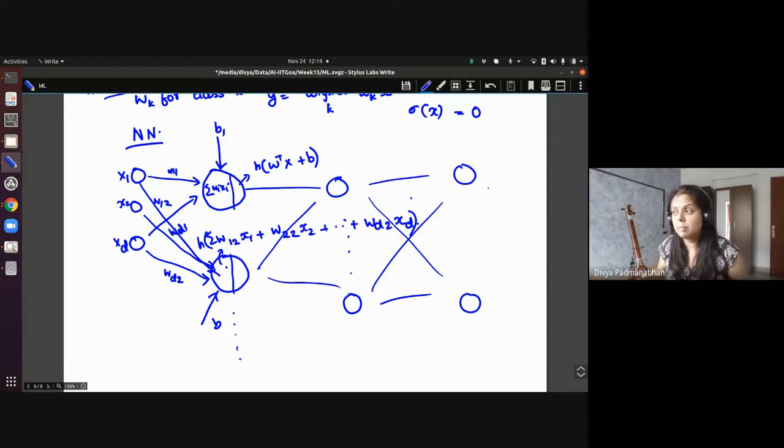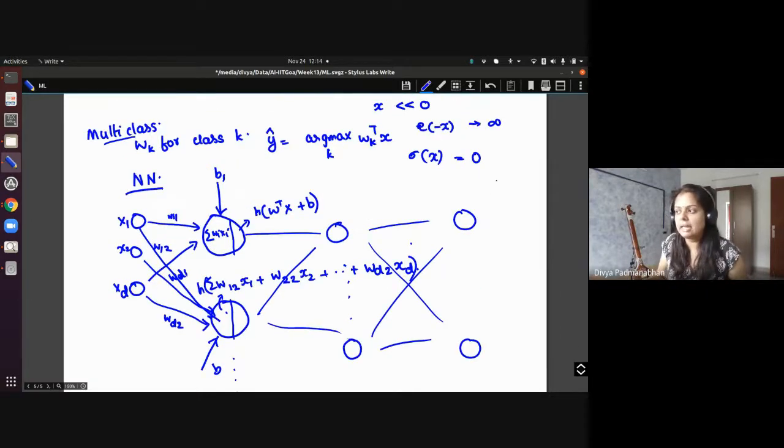If it's a classifier with k classes, maybe the final thing you want is y1 to yk, that is what you finally want to predict. So your model is a composition of many such perceptrons. That's exactly what a neural network is.